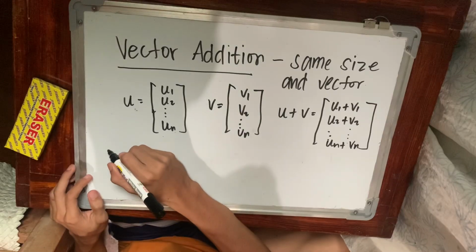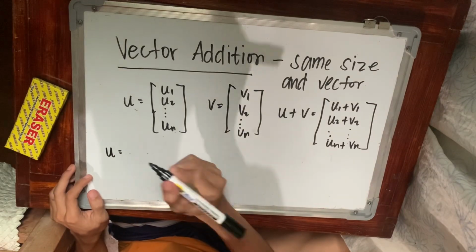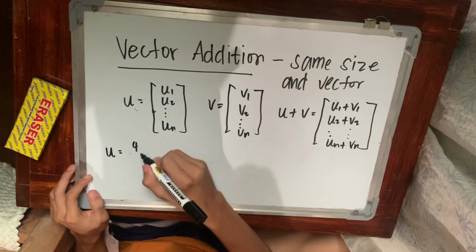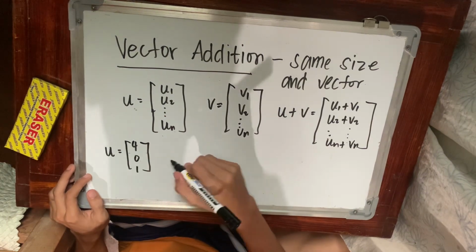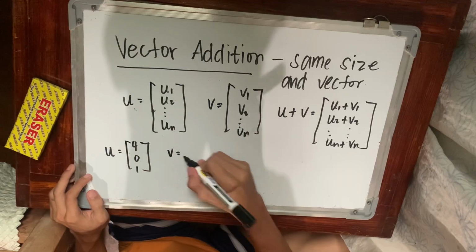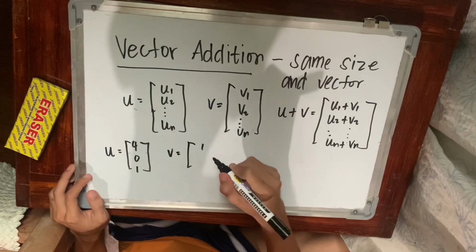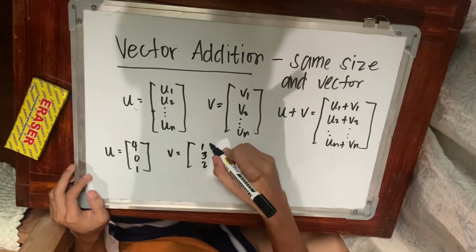Suppose that we have a vector u that is 4, 0, 1, and vector v is 1, 3, 2.